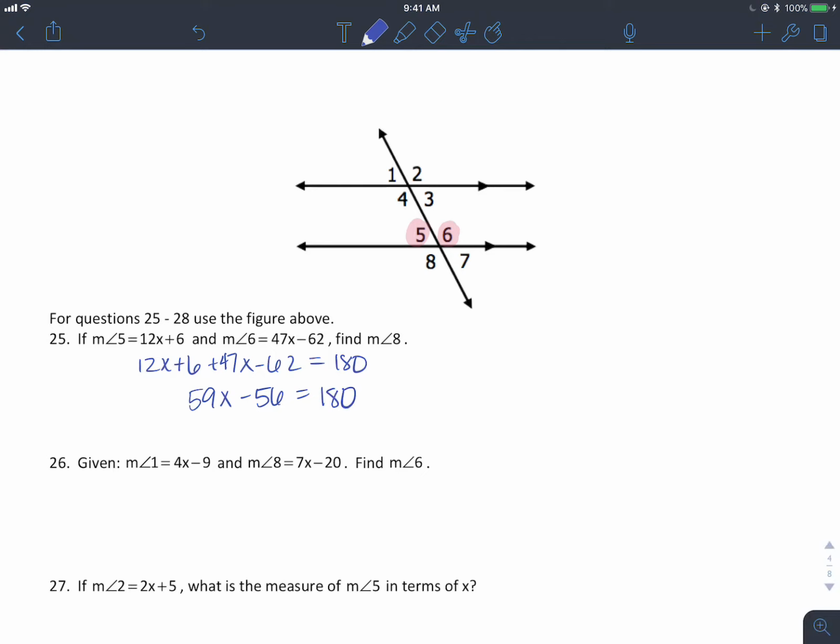Sorry, doing math in my head. So we're going to get 59x equals 236. Here we go. Divide out 59, and x is going to equal 4.